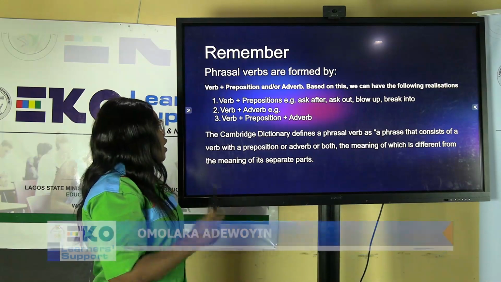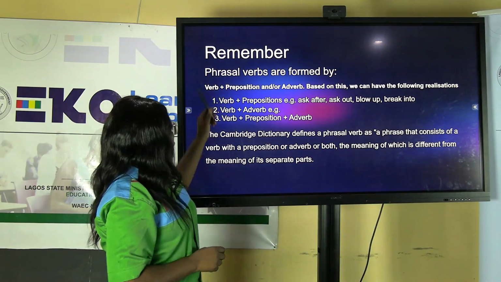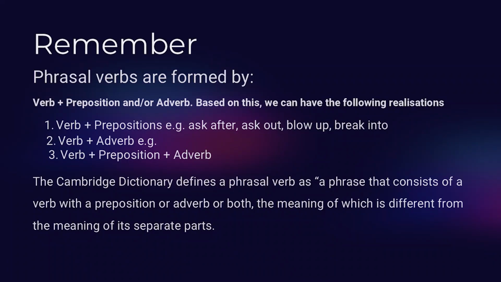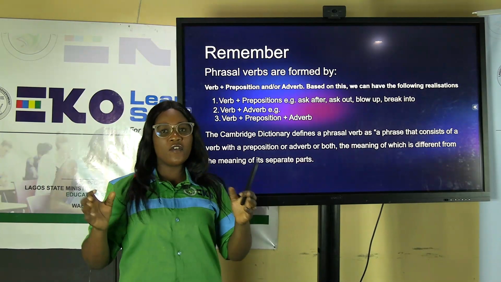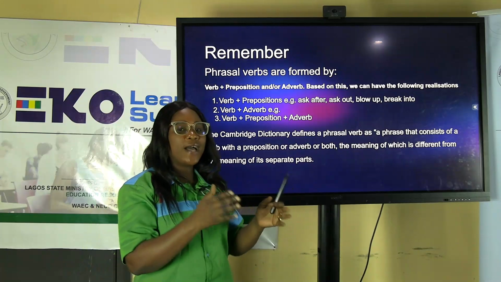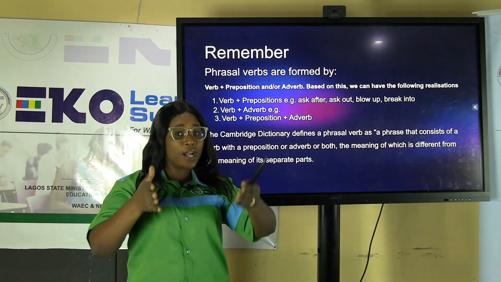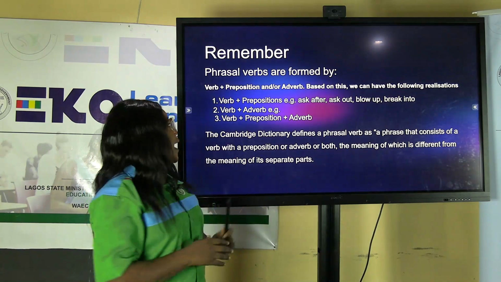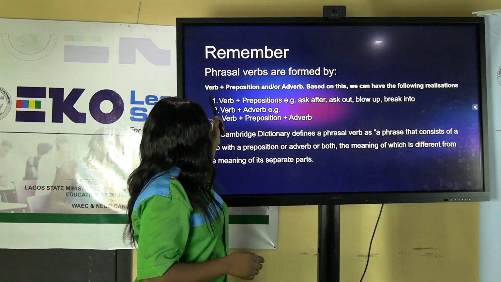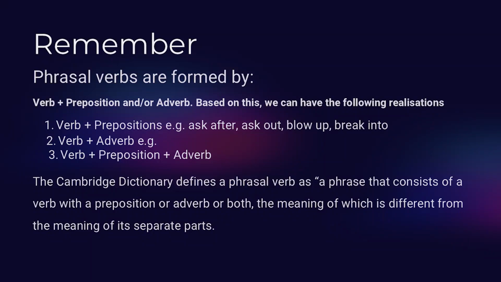Remember, phrasal verbs are formed by verb plus preposition and or adverb. What does this mean? Your phrasal verb can be made up of a verb and a preposition. It can be made up of a verb and an adverb, and it can be made up of a verb, a preposition, and an adverb.